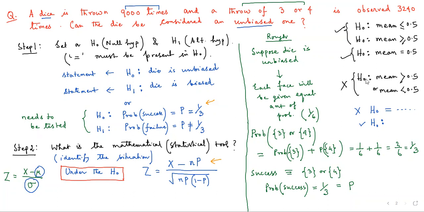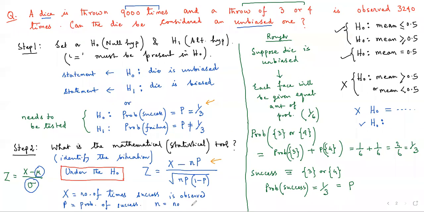What is X over here? X is the number of times success is observed. What is P? Probability of success. What is N?